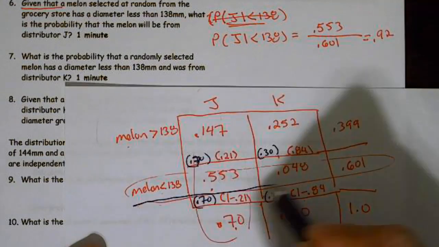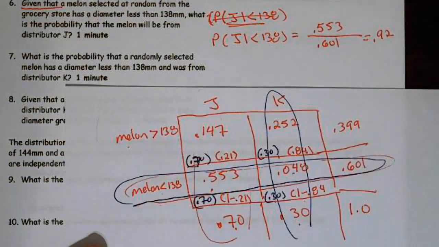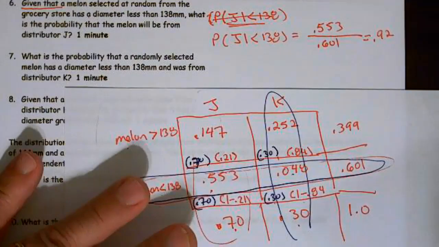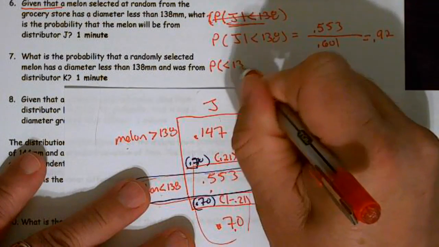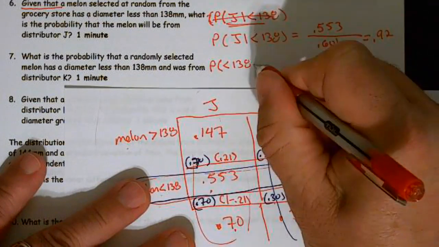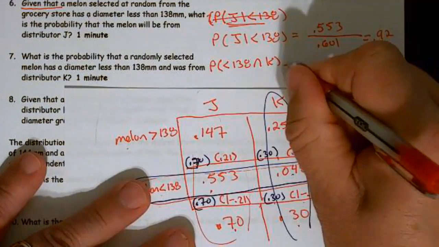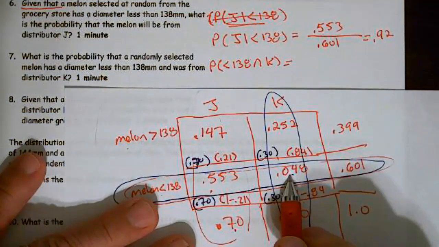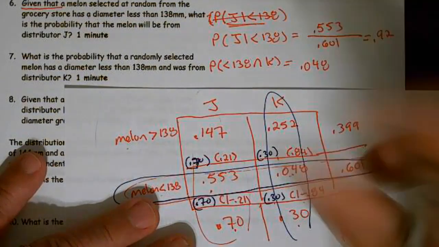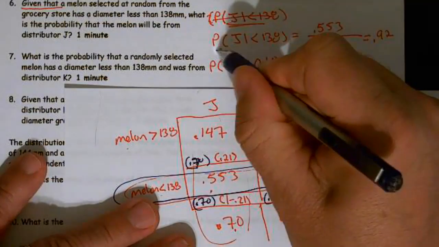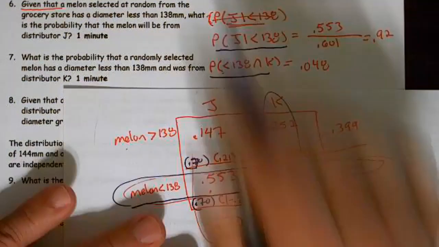So we're looking right here at this group and from K. So we're looking for that intersection, and that just happens to be something we can read straight off the table, which is 0.048. Once again, we have to have this every single time. So that's why it's really important to define your variables, just like we did above at the very beginning.